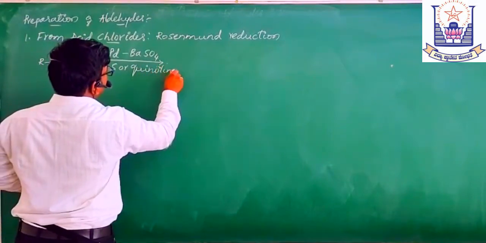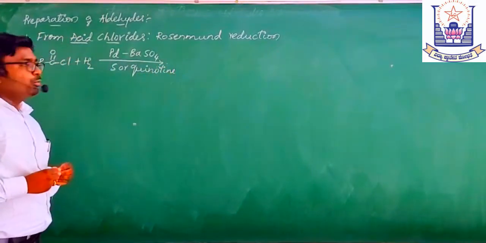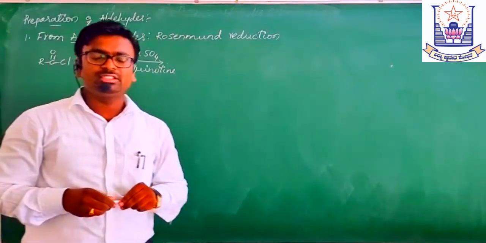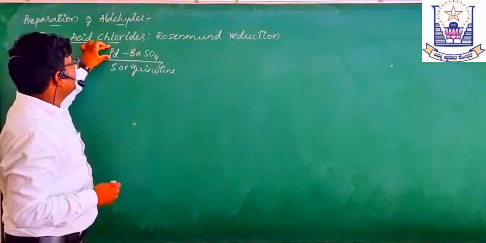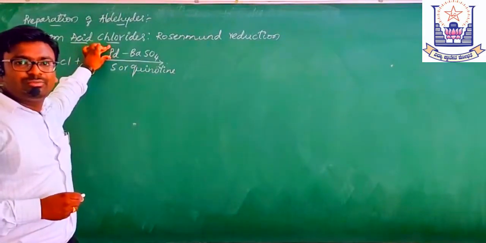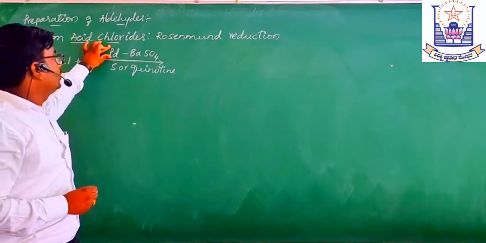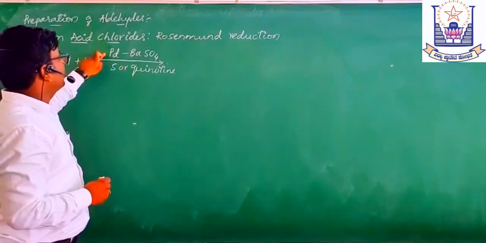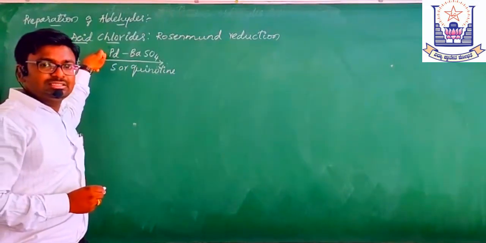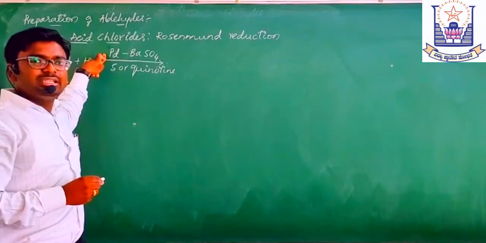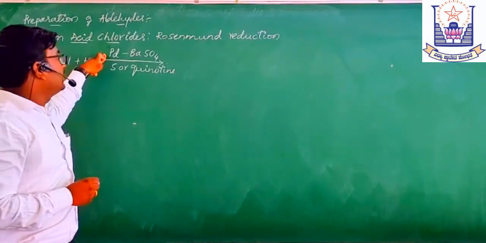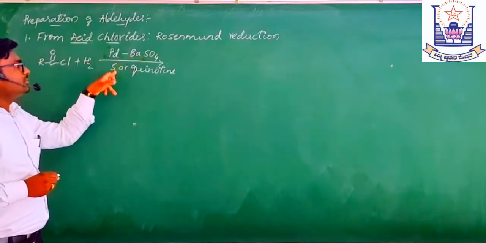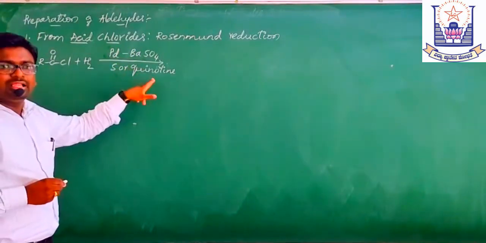Why are barium sulfate, sulfur or quinoline used? To control the activity of palladium, that is, partial deactivation of palladium is done by treating it with barium sulfate in the presence of sulfur or quinoline.